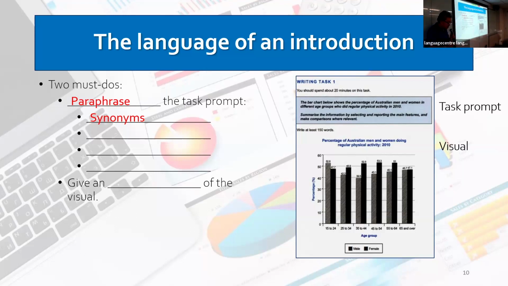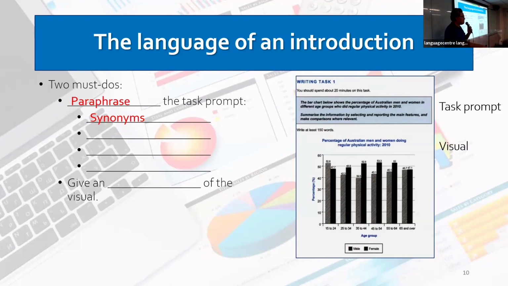For example, if you see the word technology in the task prompt, then in your introduction, other than the word technology, we can use some other words that have similar meanings, like information and communication technology, or some words that are related to technology, like computers or the internet.